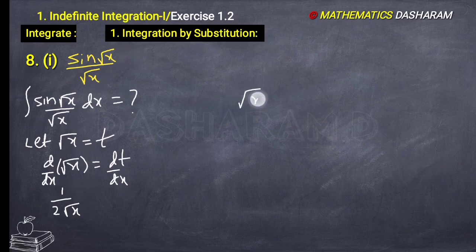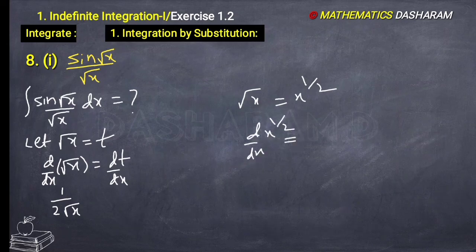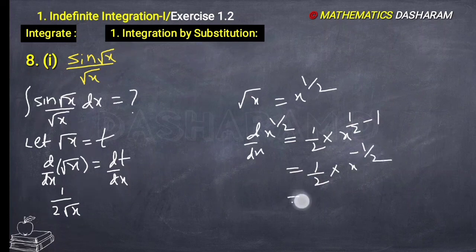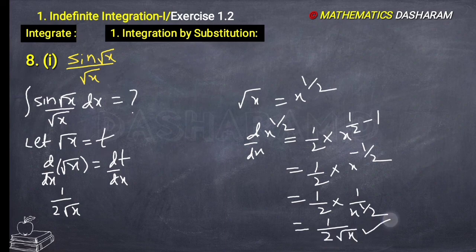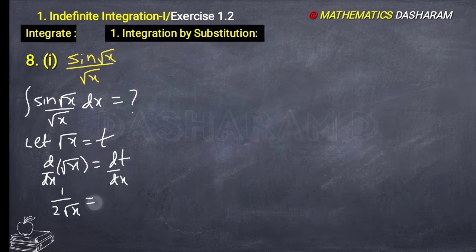Root x can be written as x to the power of 1 by 2. The derivative of x to the power n is n into x to the power n minus 1. So 1 by 2 into x to the power of 1 by 2 minus 1, so 1 by 2 into x to the power of minus 1 by 2, which is 1 by 2 into 1 by root x. It is equal to dt by dx.